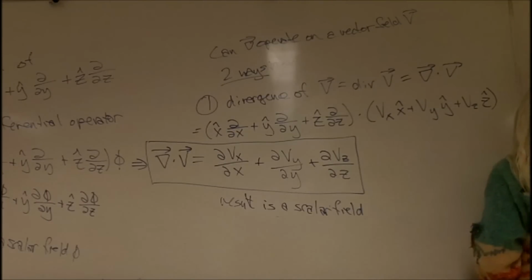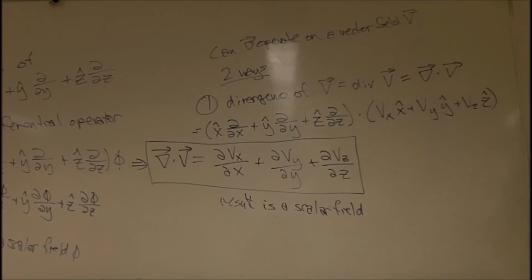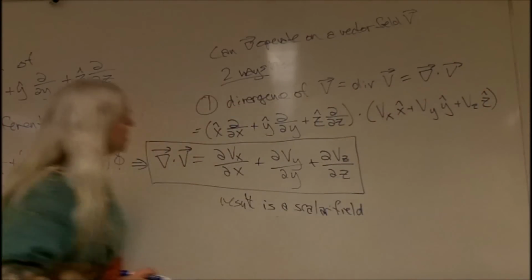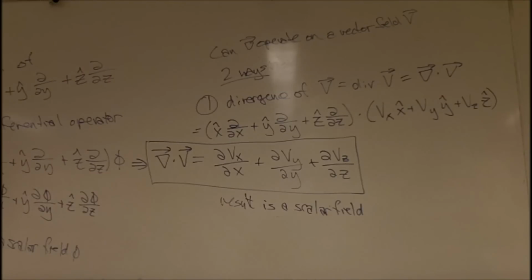Okay, so the second way of doing this is to find what's called the curl of V. Sometimes just written as curl V, but more commonly written as del cross V. Okay, this is basically a cross product of the differential operator, the del operator right here, and our vector V. So in other words, the differential operator I'm going to write as x hat times the partial derivative with respect to x, plus y hat times the partial derivative with respect to y, plus z hat times the partial derivative with respect to z.